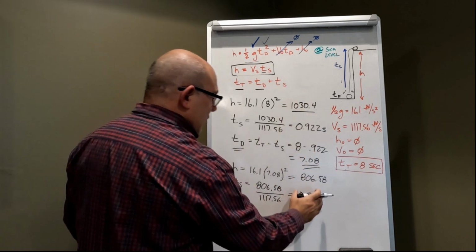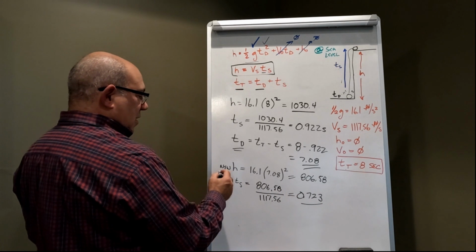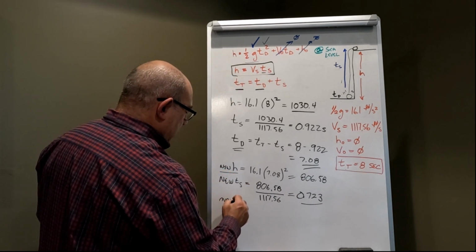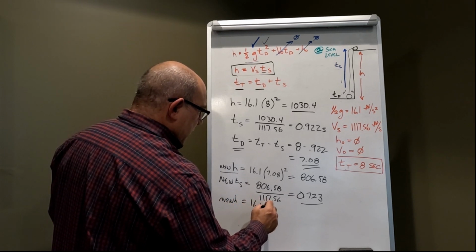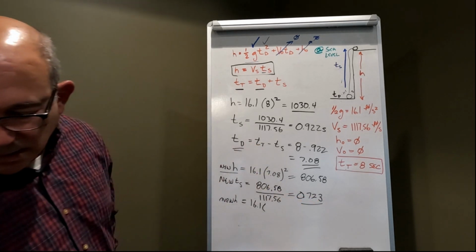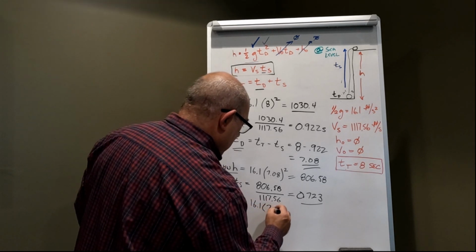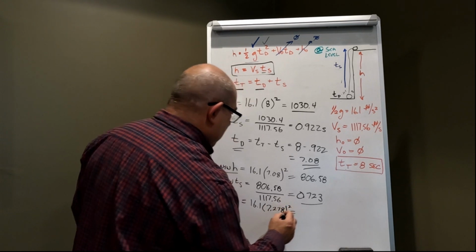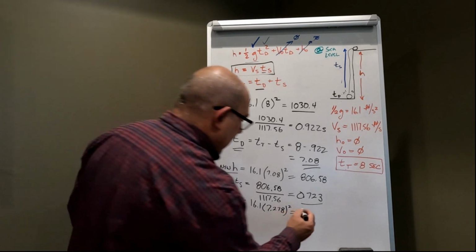You can see we're kind of zeroing in, taking this factor now and calculating another new h. This is going to be 16.1 times 8 minus this 0.723, which is 7.278, squared, and that gives us a new height of 852.89.